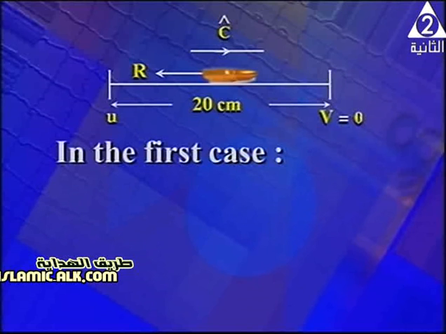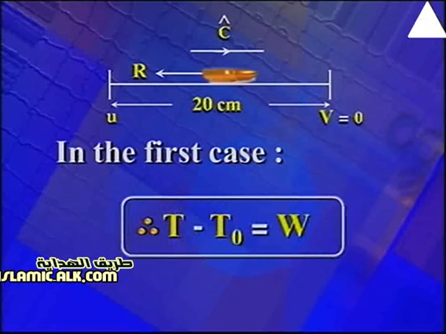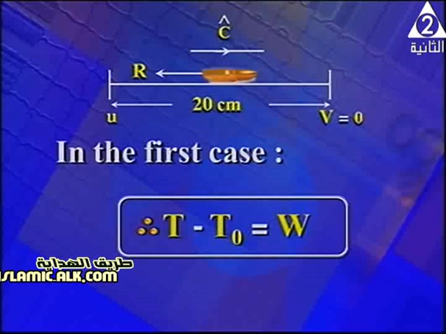In the first case, dear student, we know that the change of kinetic energy equals the work done. We have T minus T naught equals W, the work done.